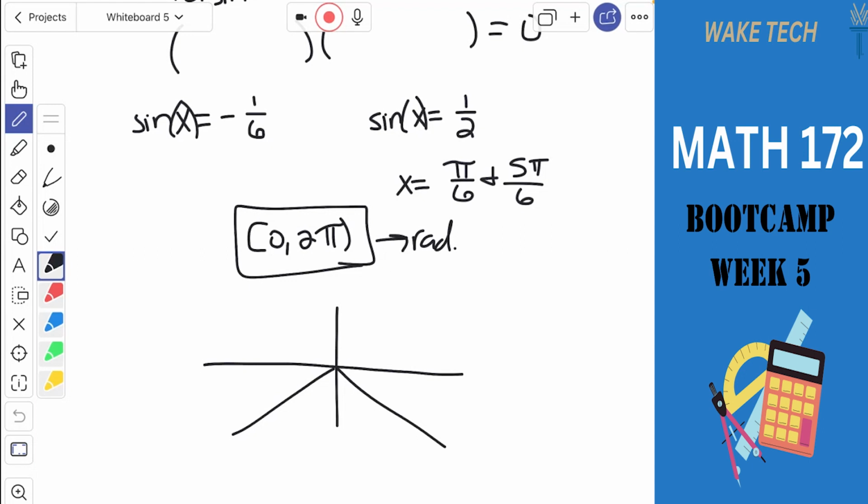And so what we've got to do, sine x equals -1/6. So let's do inverse sine of -1/6.